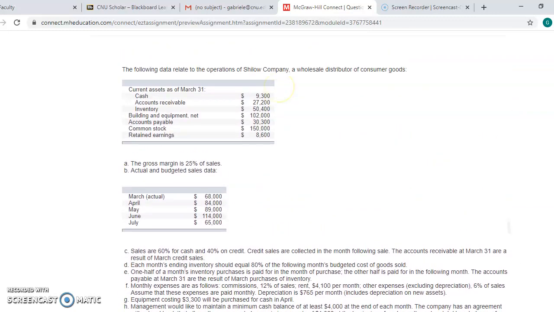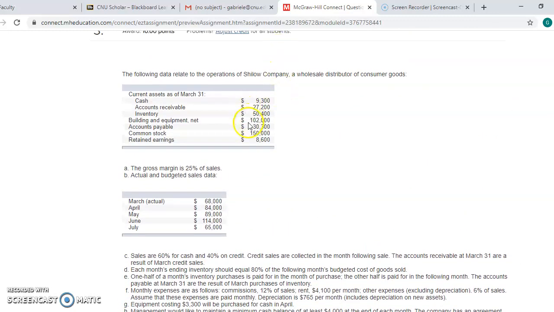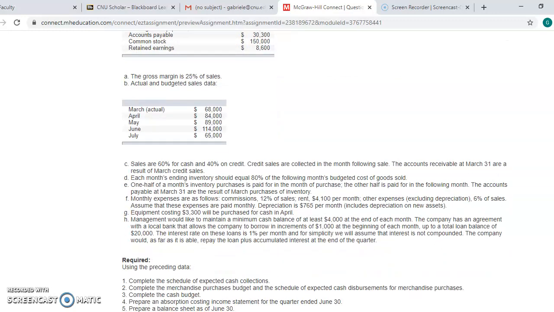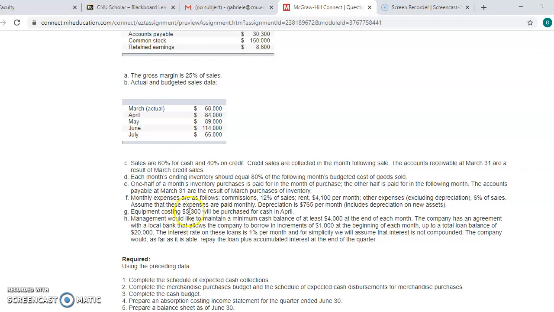So again, for your building and equipment, you pick up this balance right here, 102,000. You add the additional 3,300. Then you have to figure depreciation, and they were nice enough to give it to you, and they said it's $765 per month. But you have 3 months, so if you multiply this by 3, you end up with 2,295.